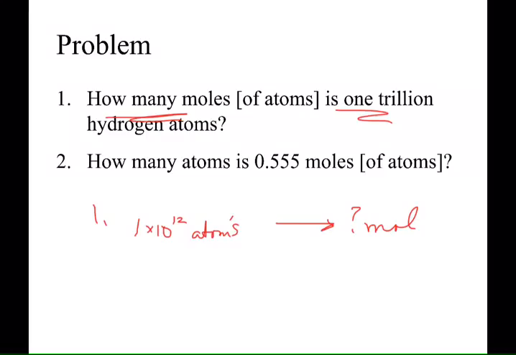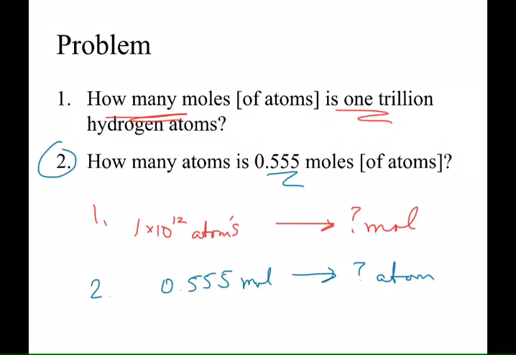Let's take a quick look at number 2. The second one is how many atoms, question mark atoms, are there in 0.555 moles of atoms. I don't care which element it is, of any atoms. Notice that for both of these you see something in brackets.